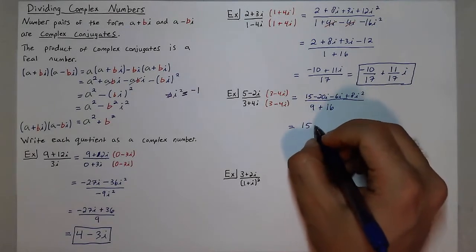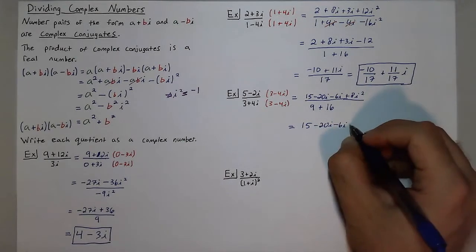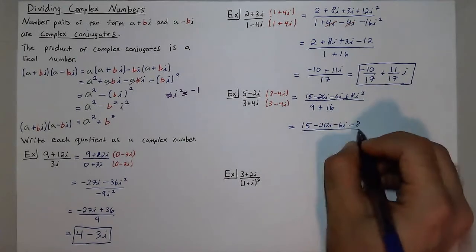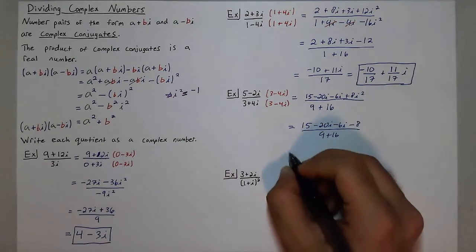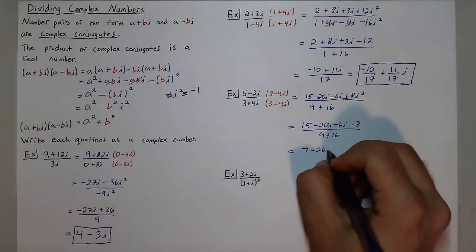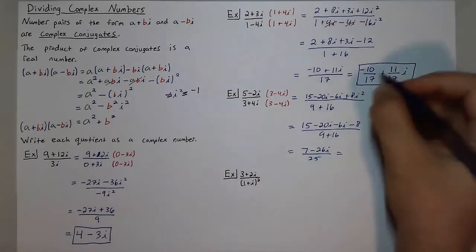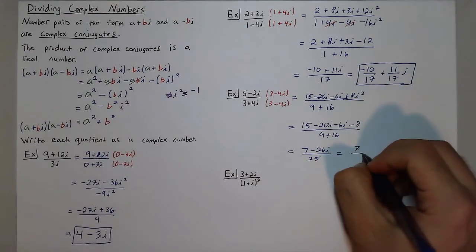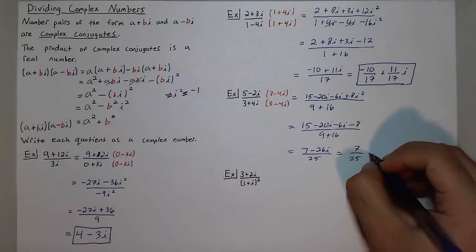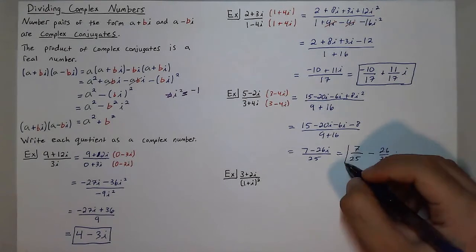So 15 minus 20i minus 6i minus 8 all over 9 plus 16. Then simplifies to 7 minus 26i all over 25. Which for my final answer will give me 7/25 as my real part, minus 26/25 i for my imaginary part.